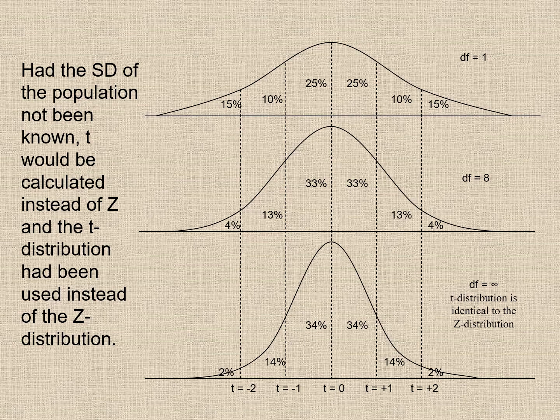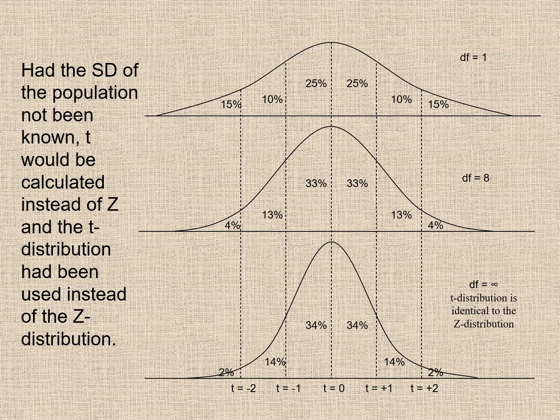So here we see that the probability for this sample to have a mean that is somewhere between the population mean and one standard error above the population mean is 25%. The probability of this sample to have a sample mean that is within one standard error from the population mean is 50%.